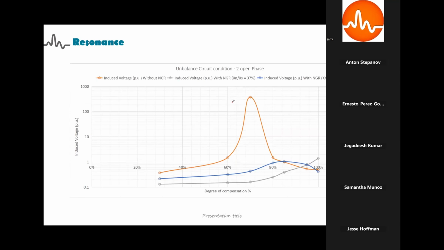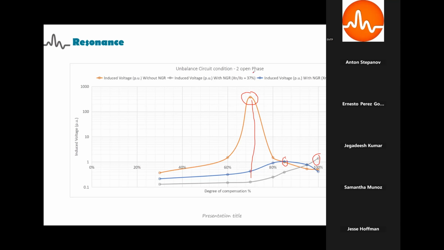Similarly, this is a graph for the two-pole open phase condition. Here, the resonant peak occurs at a much lower degree of compensation, around 70% itself. Again, if we introduce NGR into the shunt reactor, it helps in shifting this resonant peak towards the right.